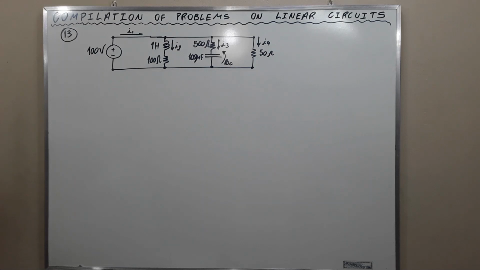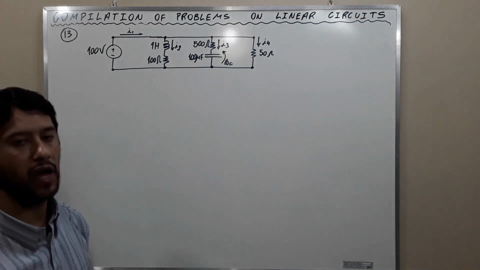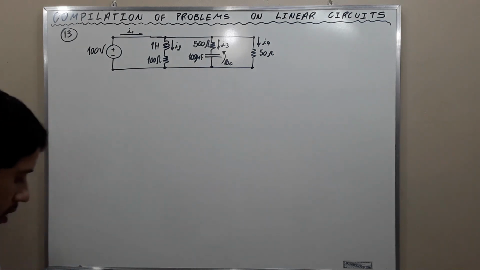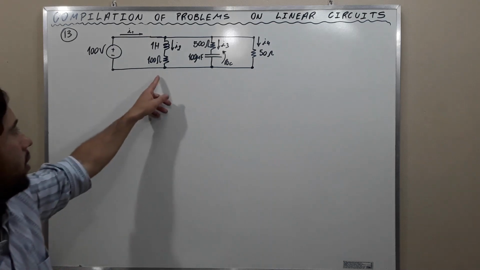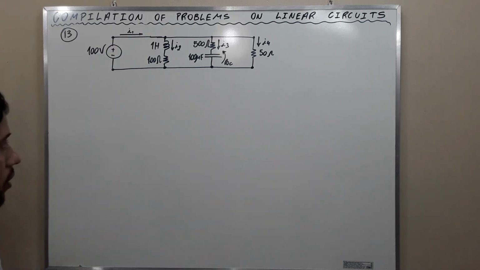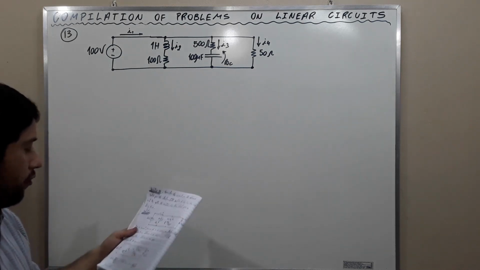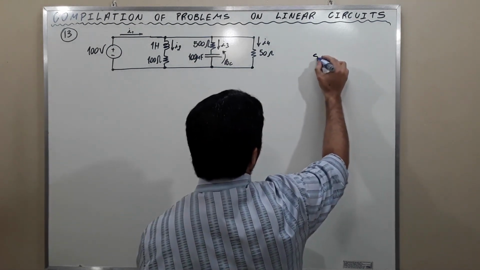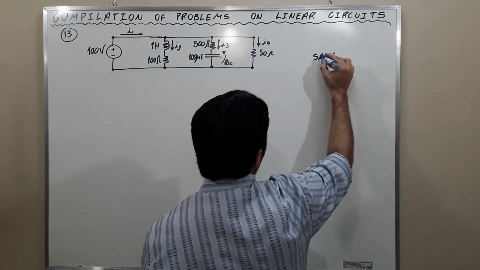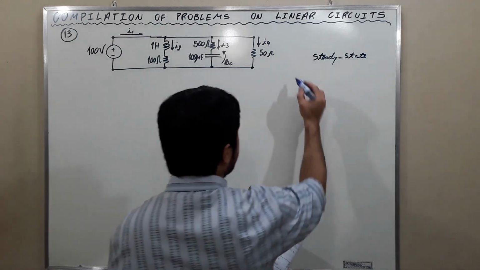And how about the capacitor? In steady state, capacitors behave as open circuits. Okay, this is our first analysis. Consequently, this circuit here can be redrawn. I'm going to redraw the circuit for steady state, so only in steady state, the circuit becomes this.